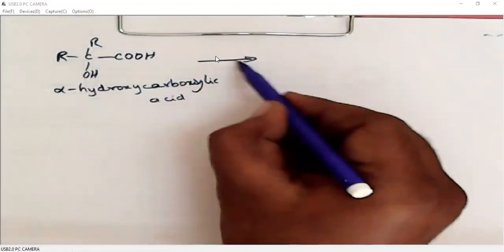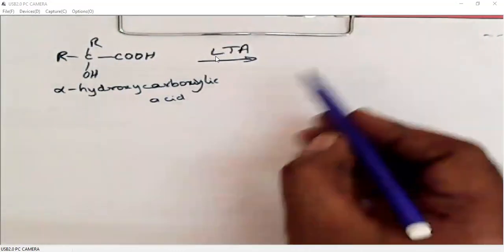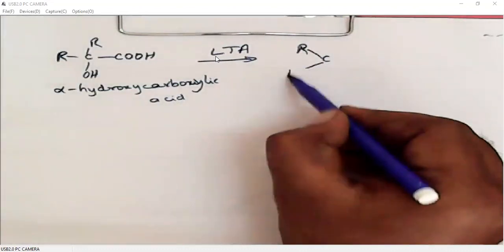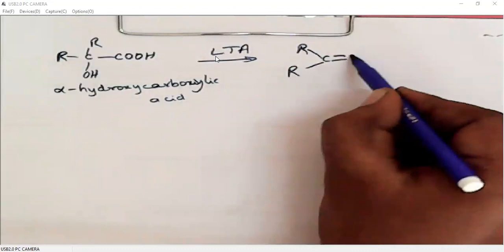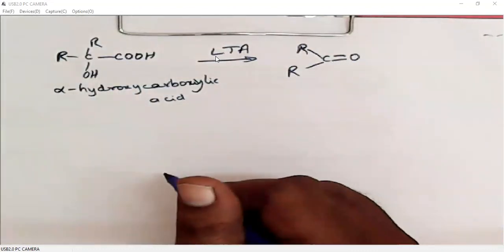When we treat this alpha hydroxy carboxylic acid with LTA, what we are getting is a carbonyl. So we can generate ketones from alpha hydroxy carboxylic acids.